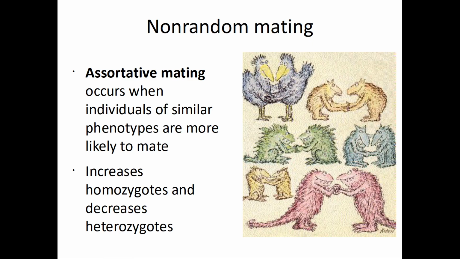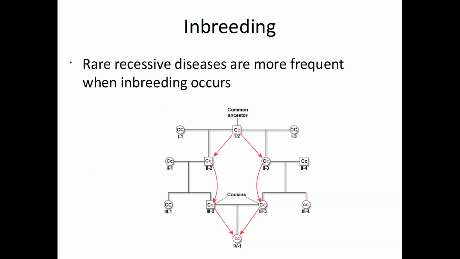Non-random mating occurs when individuals of similar phenotypes are more likely to mate. And this increases homozygotes, increases inbreeding, and decreases heterozygotes, right? Because you begin to have fewer crosses of different phenotypes and different genotypes, and it creates inbreeding.